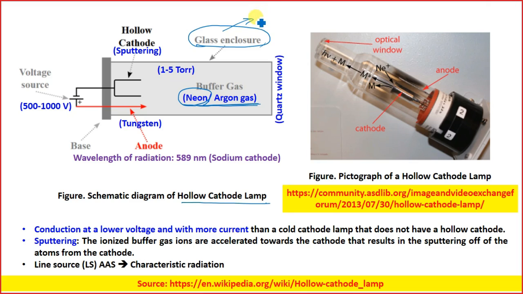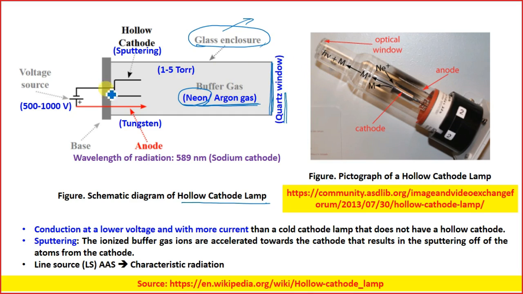However, if you want to do some analysis in the UV region also, for each and everything you cannot change the casing. So usually the glass enclosure is used. However, at the tip, the area from where the radiations come out of the lamp, it is made up of quartz.